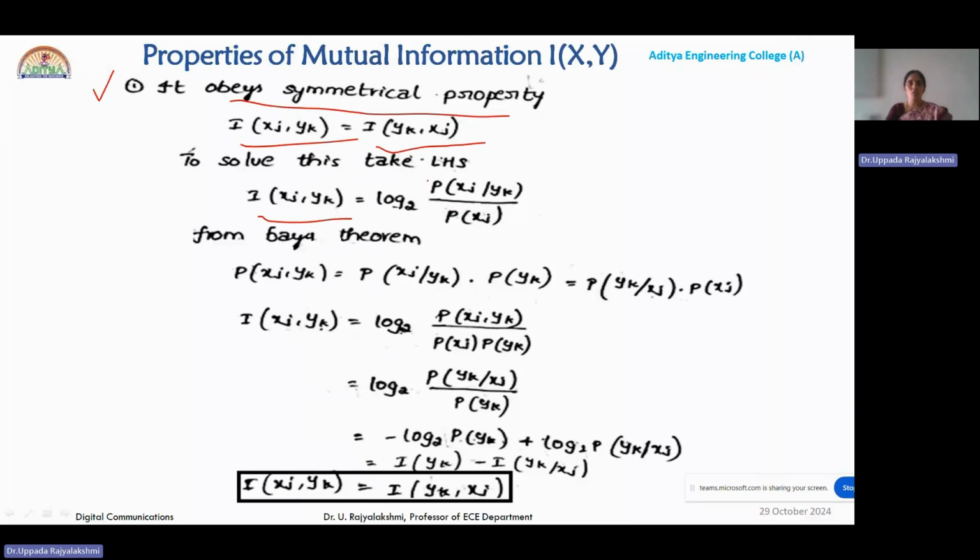From Bayes' theorem, we know that P(xj|yk) can be written as the joint probability divided by P(yk).